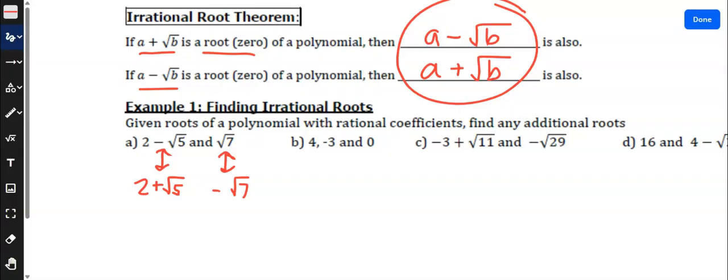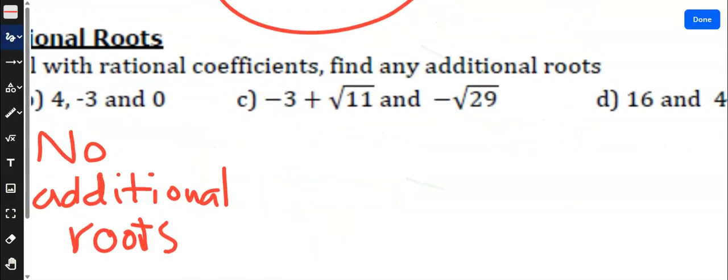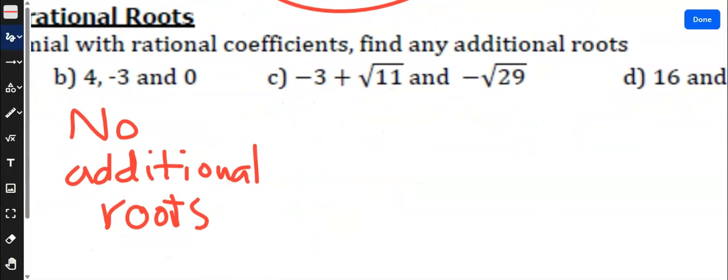Now, if you look at the next example, B, there's no additional roots on B. Now, why is that? Well, because none of the solutions they gave me had radicals in them. I mean, look, it's 4, -3, and 0. Those are all nice numbers. Okay, well, what about this one?